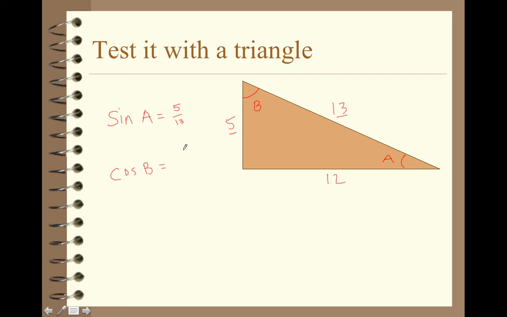So cosine of B comes out to 5/13. Interesting. So in a triangle, if I'm looking at A and B, the sine of one angle is equal to the cosine of the other angle. That's pretty nifty. Something important to know.